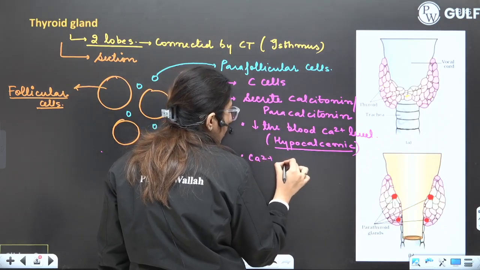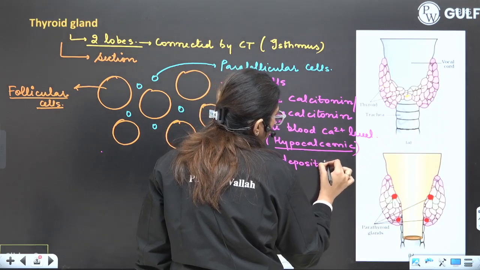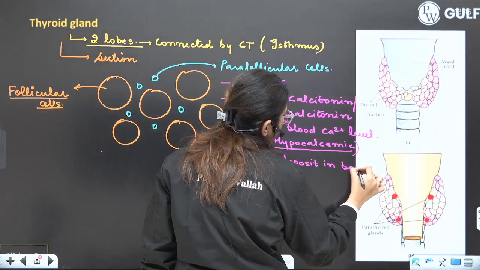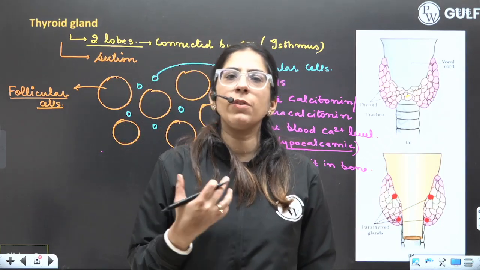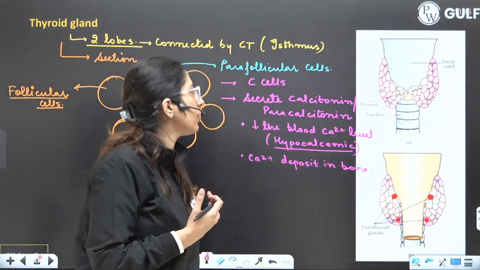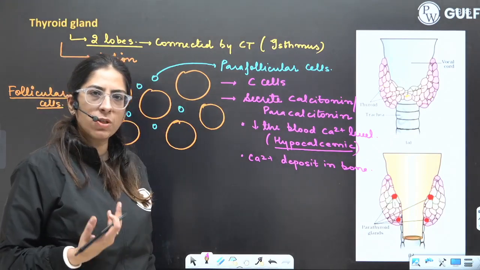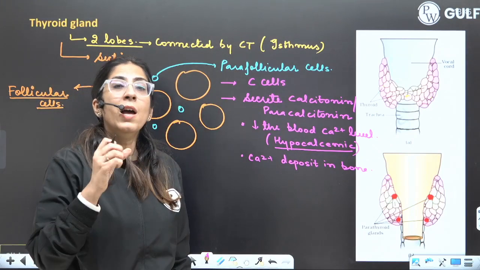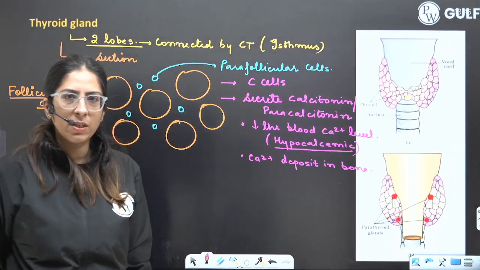The calcium will go and deposit in bone. This is the role of calcitonin. Hypocalcemic: it reduces the blood calcium level, the calcium goes to the bone, and bones become stronger. It's because of the parafollicular cells or the C cells.